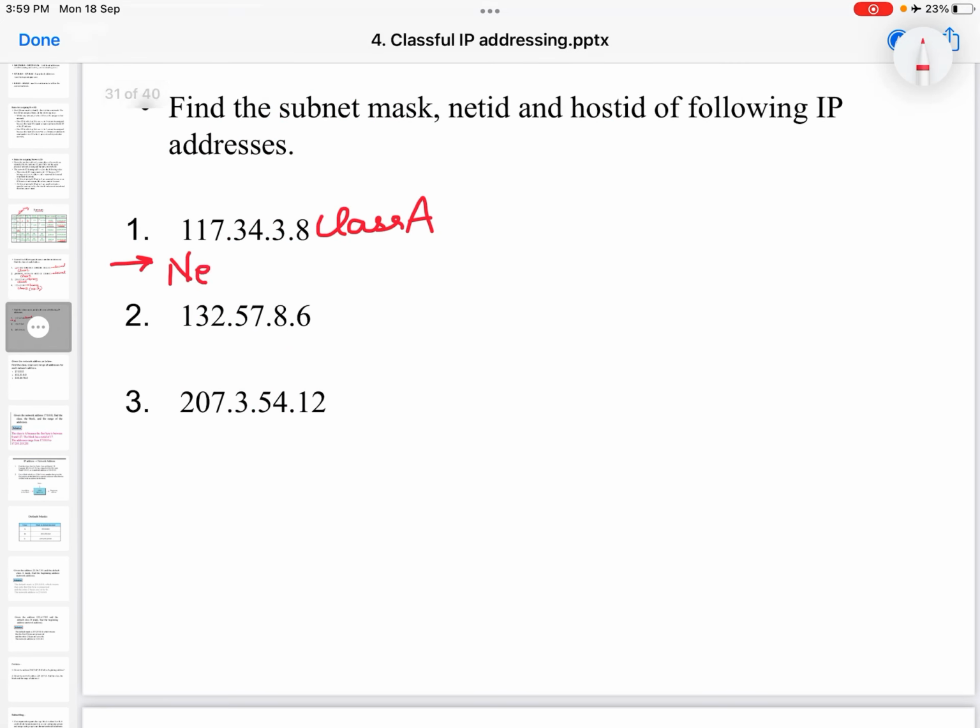So net ID is 117. Host ID is the next 24 bits, that is 34.3.8.